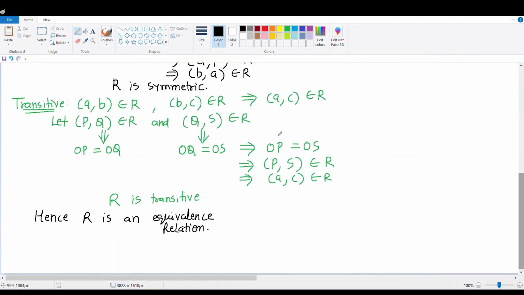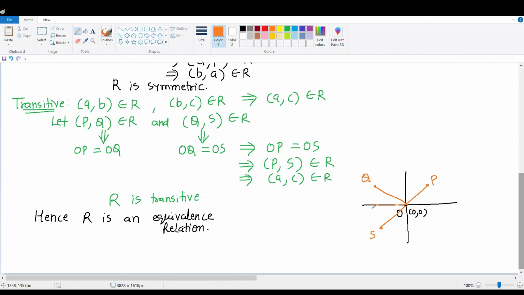So everywhere we talked about what? That there is an origin (0, 0) which is O and there is a point P. The distance OP is equal to the distance OQ. So Q is also somewhere such that the distance from origin to Q is the same as OP. You have somewhere S as well, which is again the same distance as OP, same as OQ.